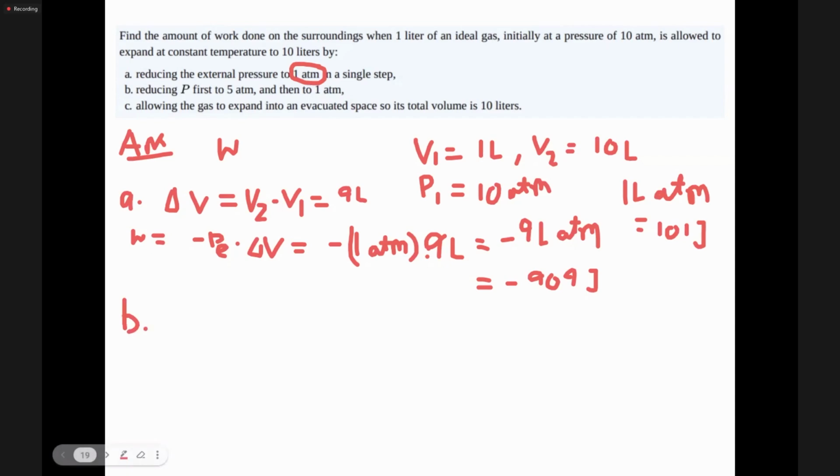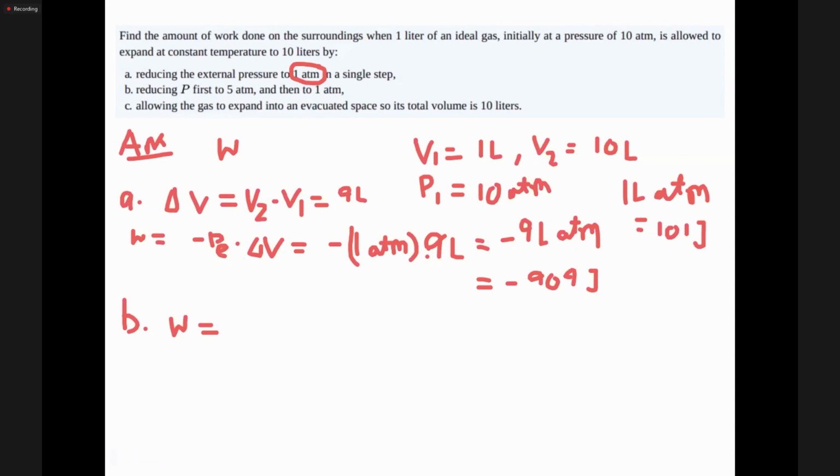In case of question number B, we actually have two paths. If you see carefully, they are reducing the P external to 5 atmosphere and then reducing it to 1 atmosphere. So we have two paths, and separately in each stage, we will calculate the P external and the delta V. For the last case, we had only one final external pressure and one final volume.